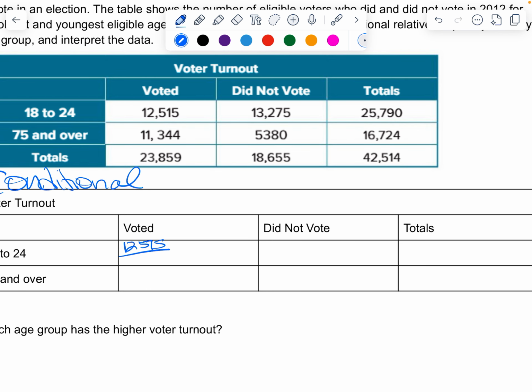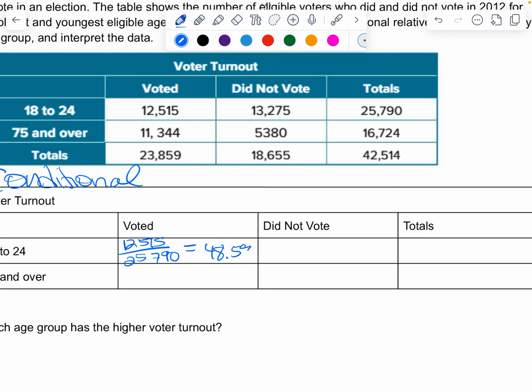So this time I apologize, I messed up on that. 12,515 over, and it just wants it over the total. Okay, the total of that line of all the people that are 18 to 24. So that's where they were getting those percentages. I messed up on that. Oops, it's supposed to be a 5. Okay, so then this one is 13,275 over 25,790.